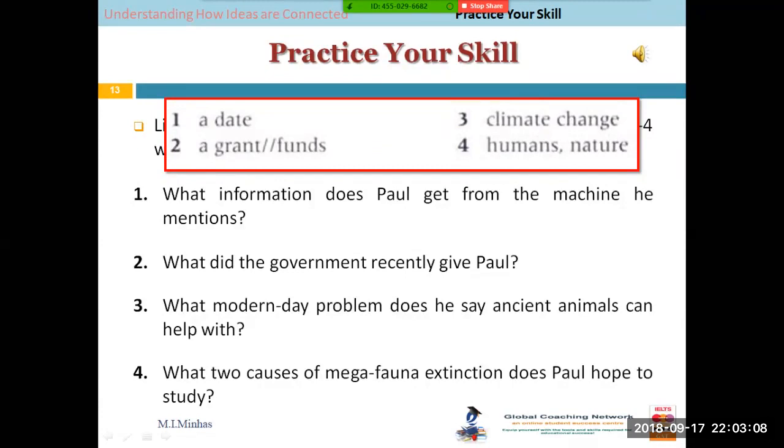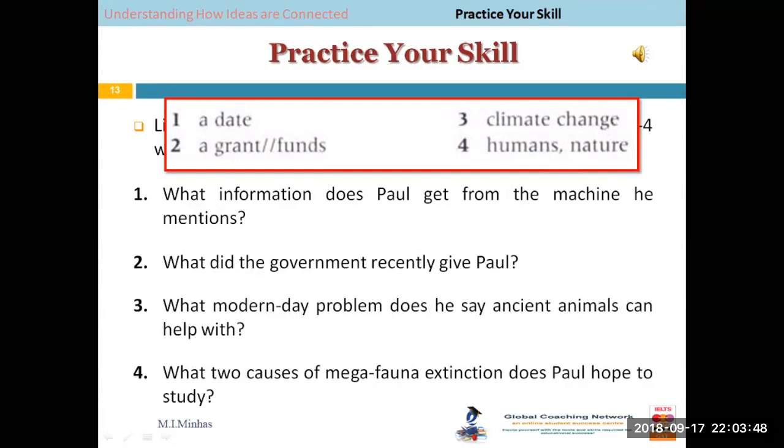Recording 29. What I appreciate most about my work is the fact that I can turn the fossils I find into information we can actually use. So, how do we extract that information? Well, first we need to run the fossil through a special machine. That gives me a date for the fossil. From then on, I begin to work out what type of animal it was, what it ate, and how it interacted with the landscape. Earlier this year, I was lucky enough to be awarded a grant from a government funding body. Paleontology isn't only about the past, it can help with current issues too.